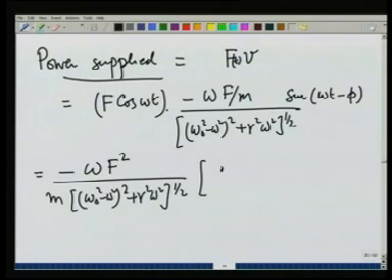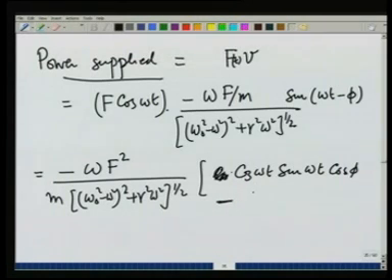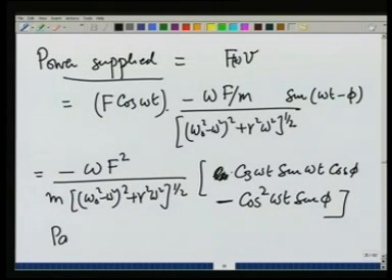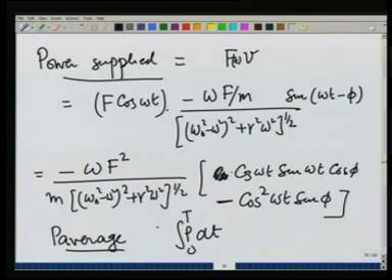Open this up, you get cosine omega t sine omega t cosine phi minus cosine square omega t sine of phi. So, power being supplied is fluctuating, and when I calculate average power, that means I integrate it with time t and divide by T. This term is sine 2 omega t and it is going to give me 0.